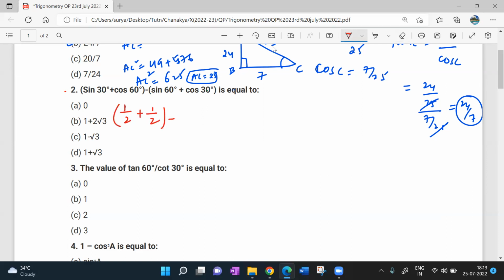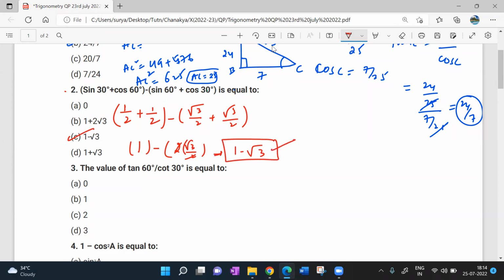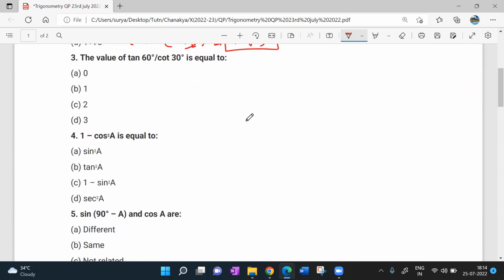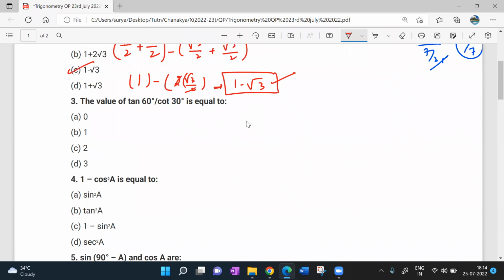Minus sine 60 is root 3 by 2 plus root 3 by 2. Clear? Any doubts here? Half plus half is 1 minus 2 times root 3 by 2. So 1 minus root 3 is the answer. Option C is correct. Any doubts? Very simple question. Next.